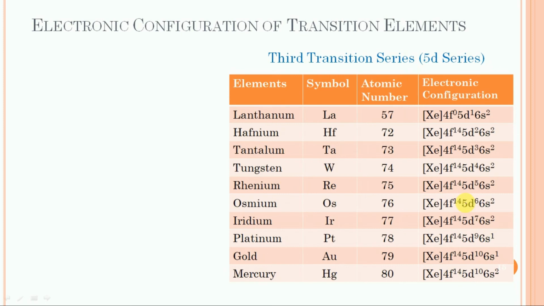Similarly, the third transition series starts from lanthanum up to mercury with the filling of 5d orbitals, and the last element has 5d10 electrons.